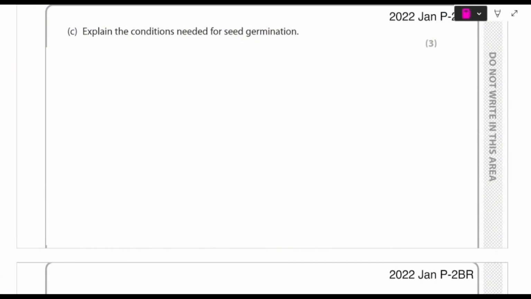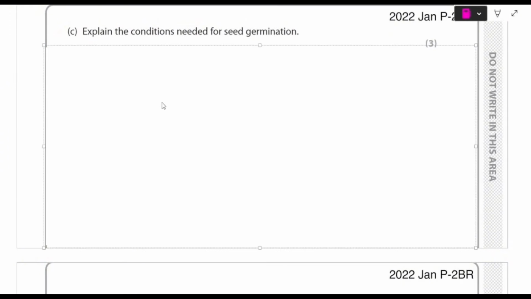Now we have: explain the conditions needed for seed germination. We know there are three main factors of seed germination: temperature, water, and oxygen. Another one could be light. First, let's come to those three important ones.